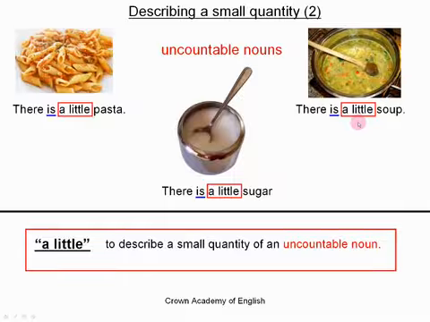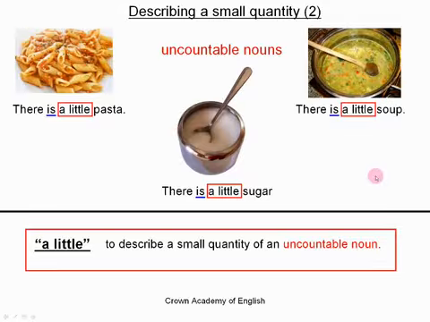We are not talking about the size. Okay, we are not talking about the size of the pasta, for example. We are talking about the quantity, the small quantity. Okay, because little is also an adjective, but here we are not using it to describe the size. We are using a little to describe a small quantity of an uncountable noun.